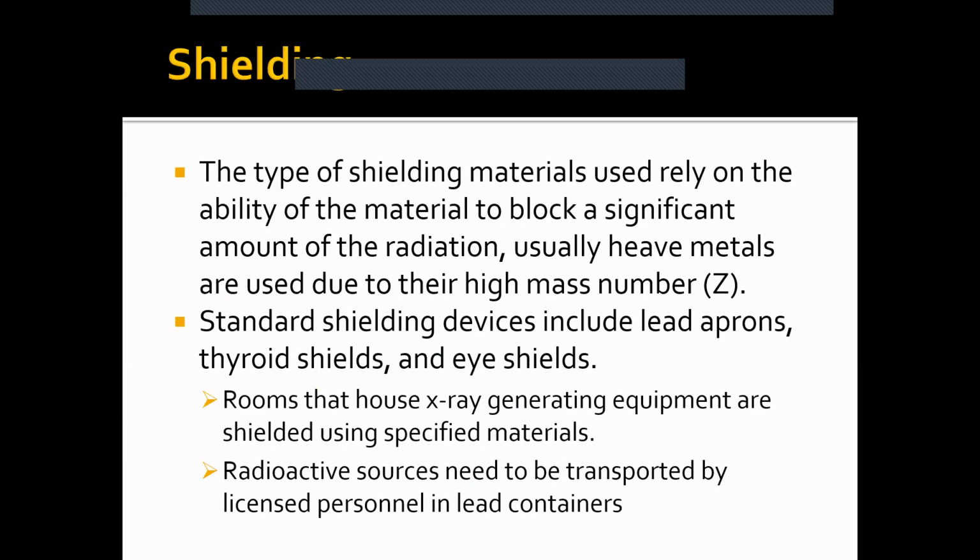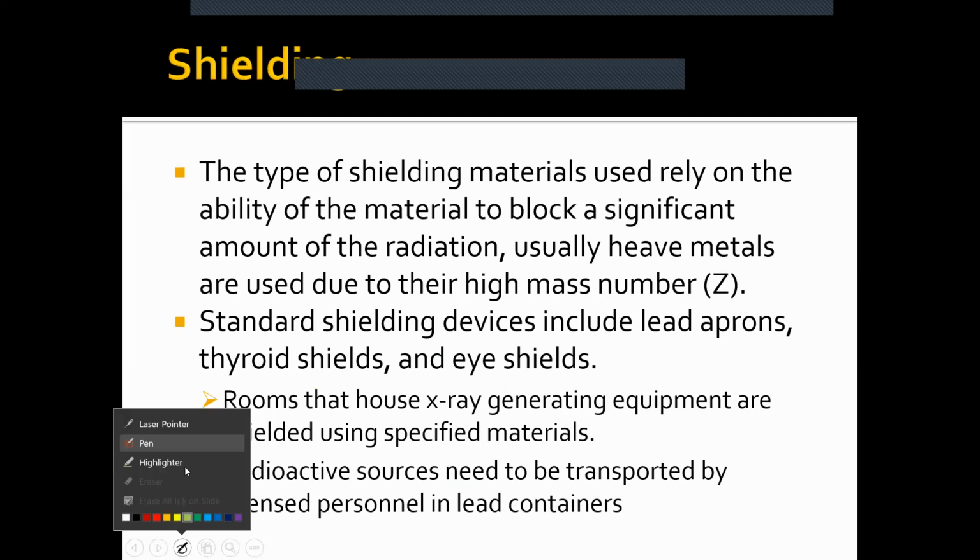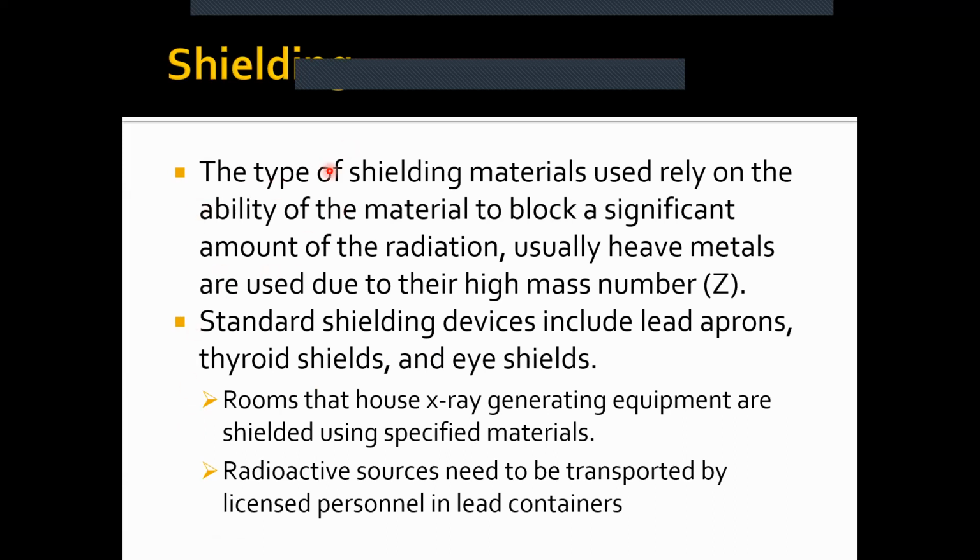Now, shielding is where we actually put stuff to protect the patient from the radiation. So if you've ever taken an x-ray before, they might have had you wear a lead skirt. This is to protect some of your abdominal organs from the x-rays.